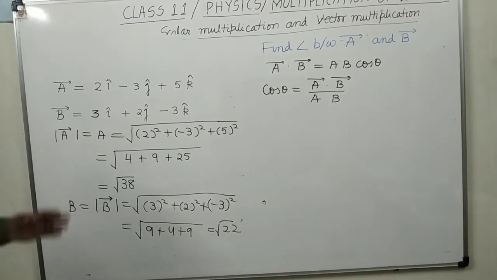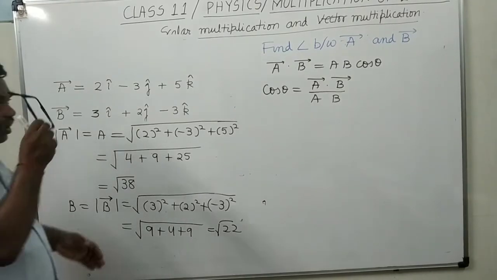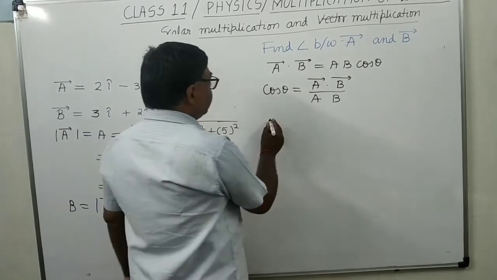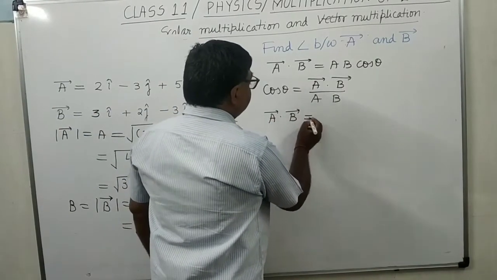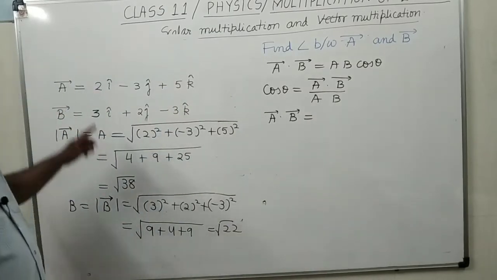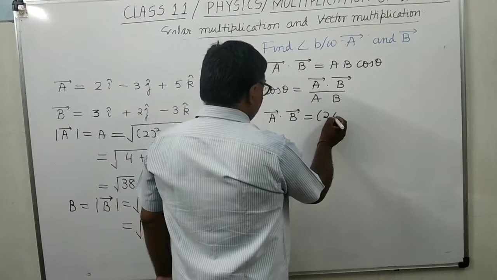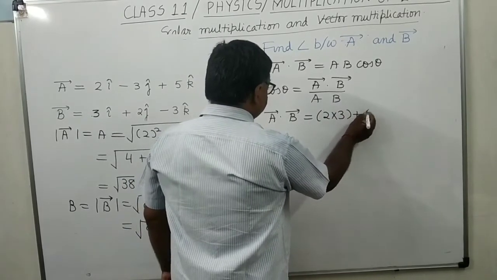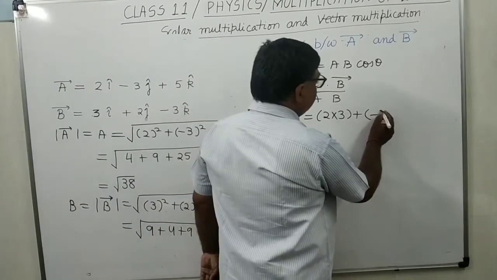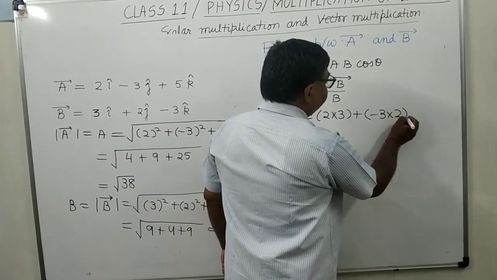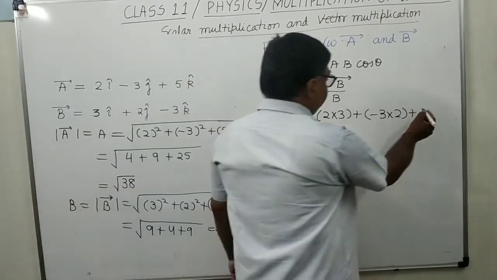It's clear. Now see here, what will be vector A dot vector B? If you calculate vector A dot vector B, from here you get this into this: 2 into 3 plus minus 3 into 2 plus 5 into minus 3.